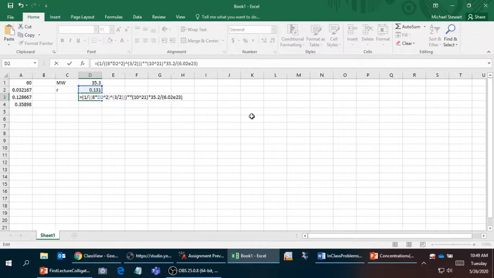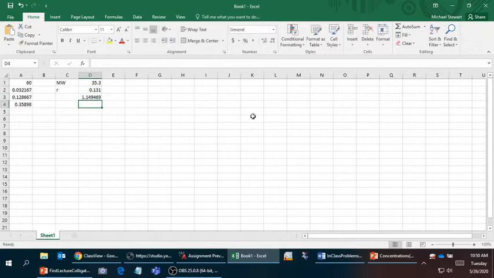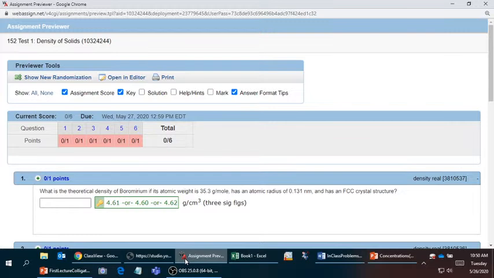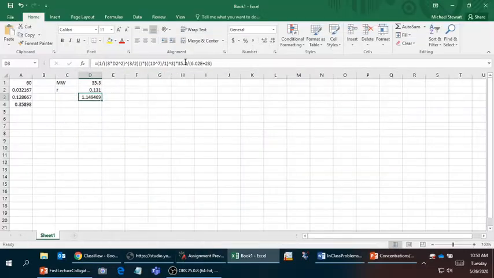Let me do that the way you would do it in a calculator. So this is the actual formula you're working with. You hit enter. What on earth? I gotta figure out where I put it in wrong.